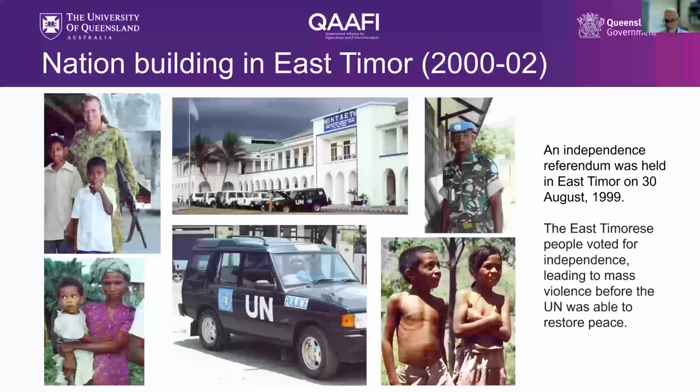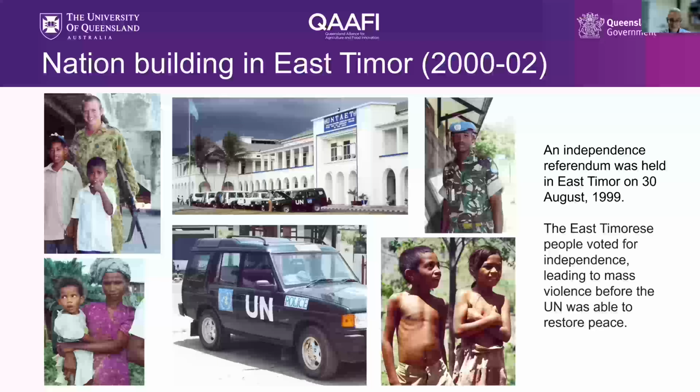I'd been working in West Timor through until the end of 1998, and then in 1999, a referendum on independence was held in East Timor on the 30th of August, and the East Timorese people voted for independence, leading to mass violence before the UN was able to restore peace.